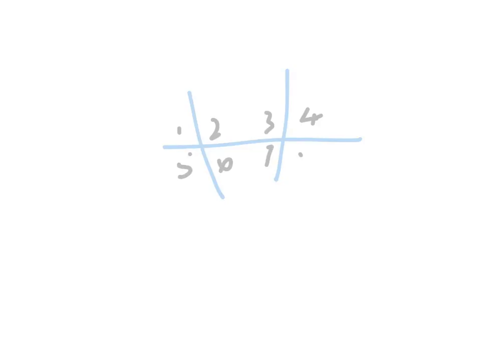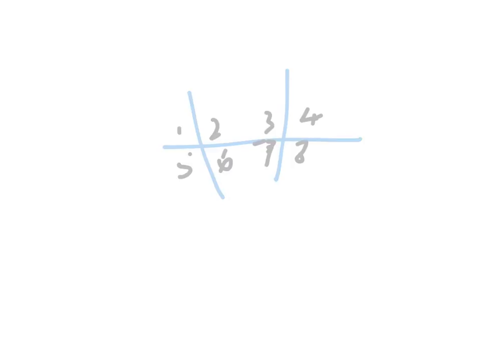So let's have a look at questions 5 and 6, 7 and 8. You're given a diagram that looks like this. Then it tells you that this is 1, 2, 3, 4, 5, 6, 7 and 8, and from that you can answer the rest of the questions. So let's have a look at what the questions are asking you for.